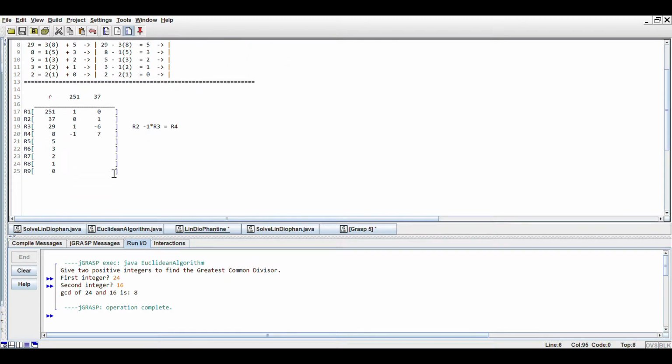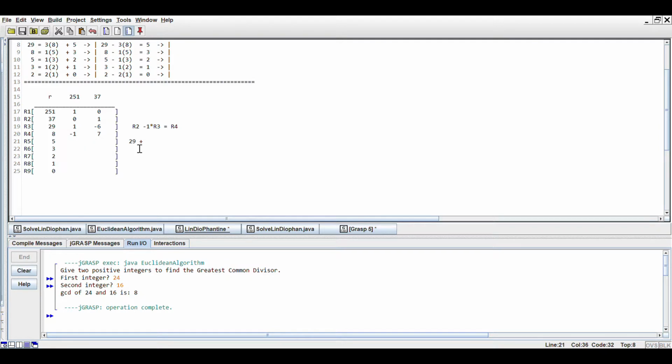And the question is, what is the coefficient of R3 such that R2 plus R3 equals R4? And so we use the series of remainders to find that coefficient. So for R2 and R3, the coefficient is -1 times R3. And that's how we get -1 and 7.